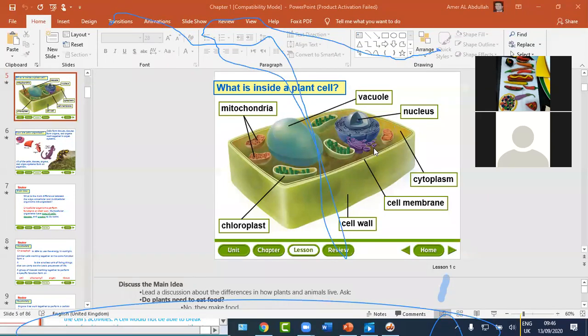Most cells have a nucleus. And the nucleus is the cell's control center. The job of the nucleus is the control center. You have to mention that and memorize that: nucleus, control center. Mitochondria store food.